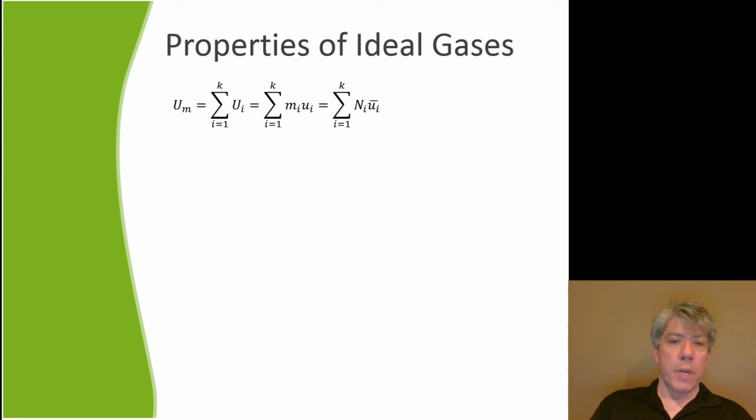Now, it should be pretty apparent that if we're talking about the internal energy of a mixture, really each component of the gas contributes some energy, right? Each component of the gas has a certain amount of internal energy U. So to get the total energy, all we have to do is add up all of the internal energies of each of the species, U sub i.